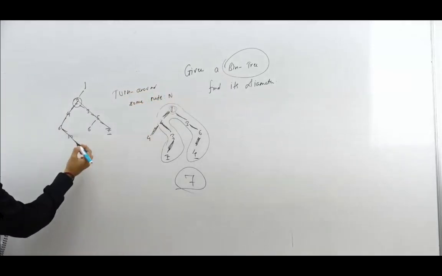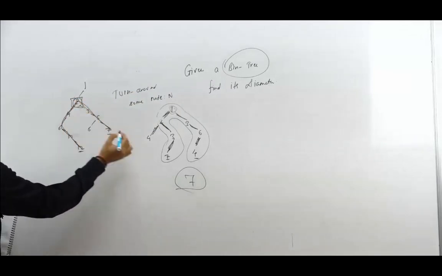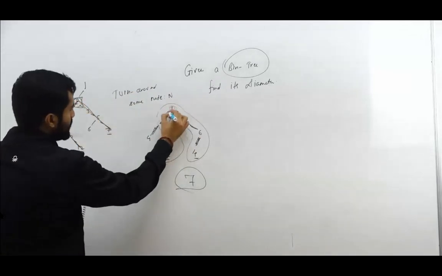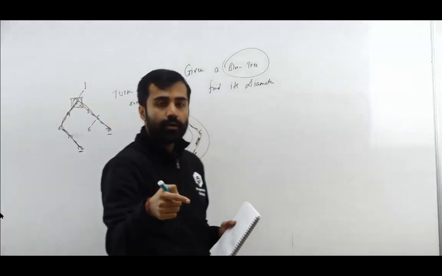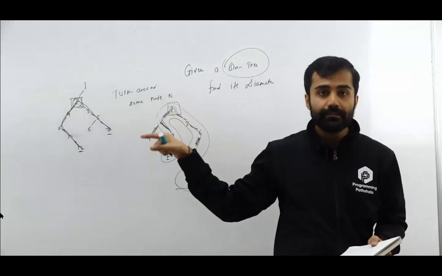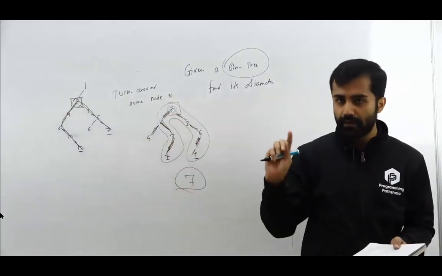When I say turn around, like here it is taking a turn around this node, and in this example it was taking a turn around this node. Now what is that node where the turn around is being taken? That I don't know, but there will be a node for sure where a turn around would be taken.